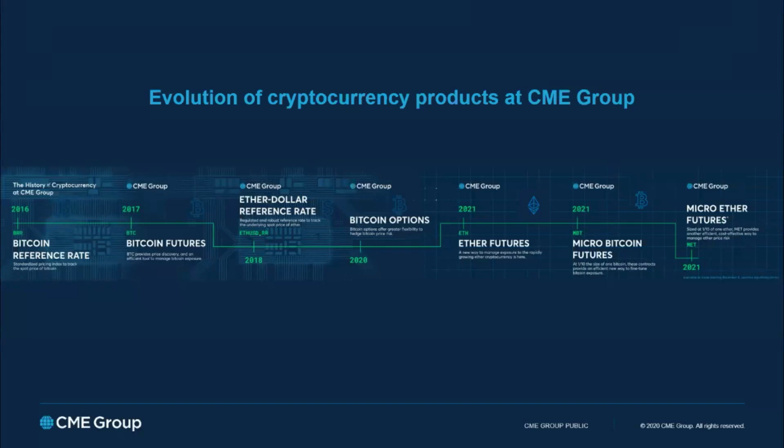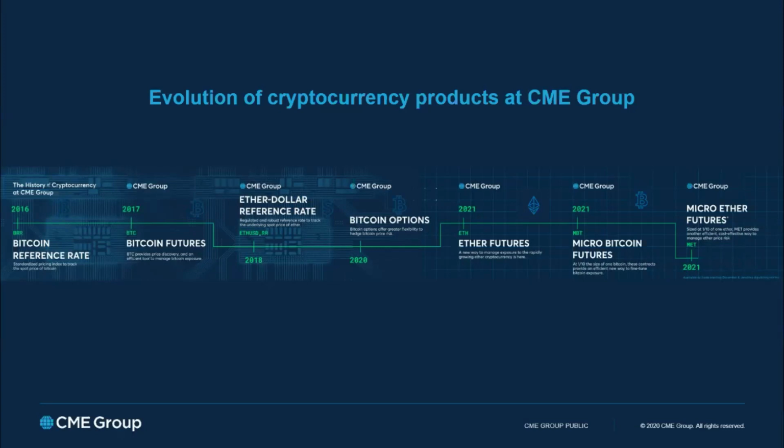We take those prices and generate an average price. So we have one standard price that is shown on CME Group markets, where on the spot side, you might have price disparity from one exchange to the other. So we created a Bitcoin reference rate back in 2016, and then we launched our Bitcoin futures contracts in December of 2017, when Bitcoin was trading just under 20,000.